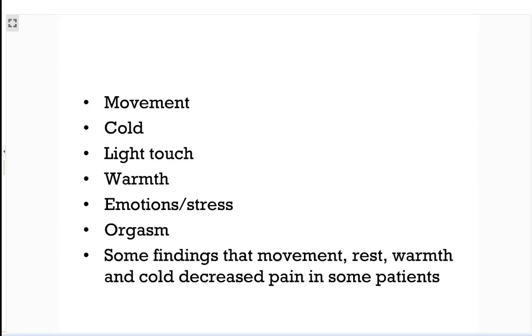There are a number of aggravators that have been described in the literature: for some people movement will aggravate, cold, light touch, warmth, high states of emotion or stress. Orgasm has also been described. But again, there's inconsistency, because there are also reports by some people that some of these things are actually used to help decrease pain, and a lot of people report that warmth actually helps them, and some people find that warmth aggravates it.